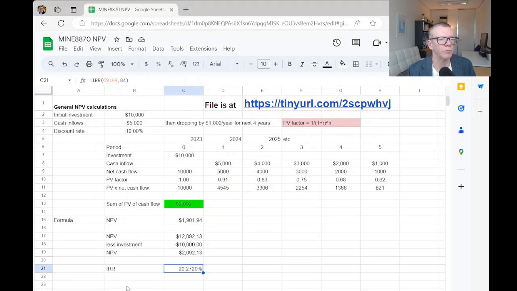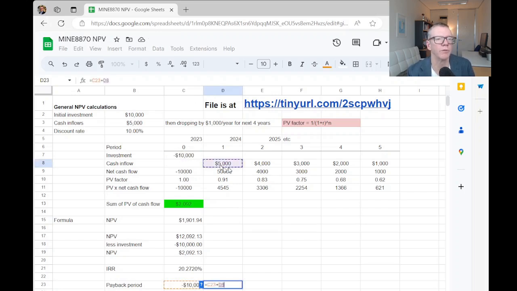So if I'm trying to find the payback period, here the initial investment is 10,000. I'm going to be calculating my cumulative cash flows. So $5,000.